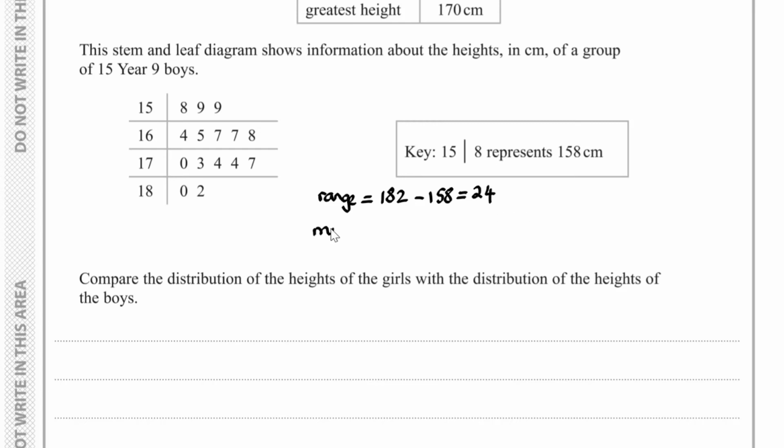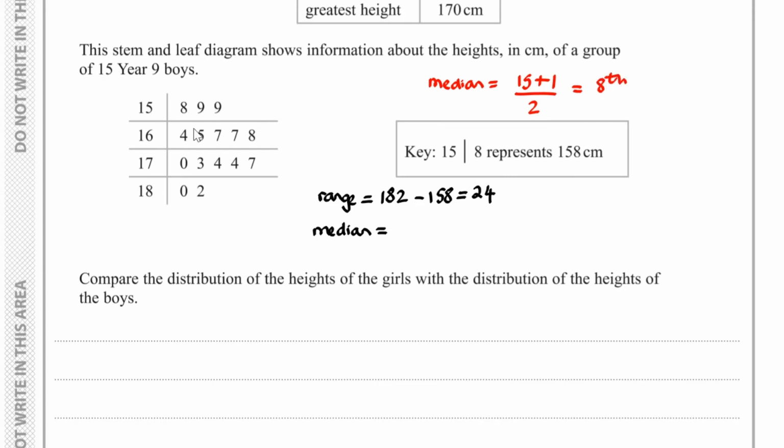And the median, to work out the median of a stem and leaf diagram, we want the middle value, so 15 plus 1, that's 16. So the median here, that's going to be the 15 plus 1 over 2, so we get here the 8th value.